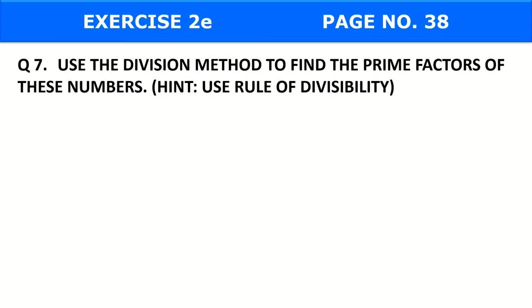So let's start our question. We have to find the prime factor using division method. And your number is 230. So you see, we will find their prime factor using the rule of divisibility. First of all, write your number and draw a table as shown.